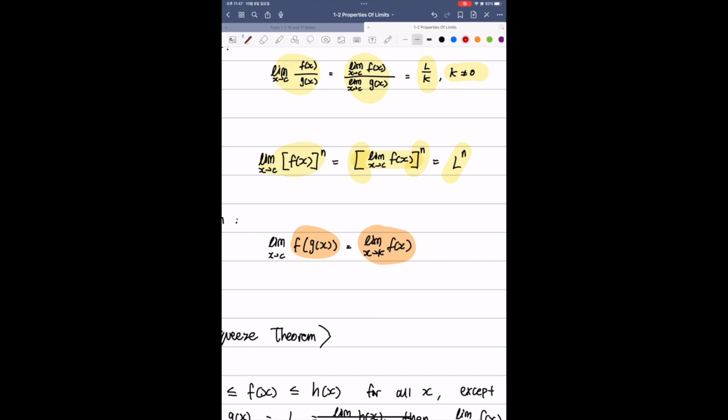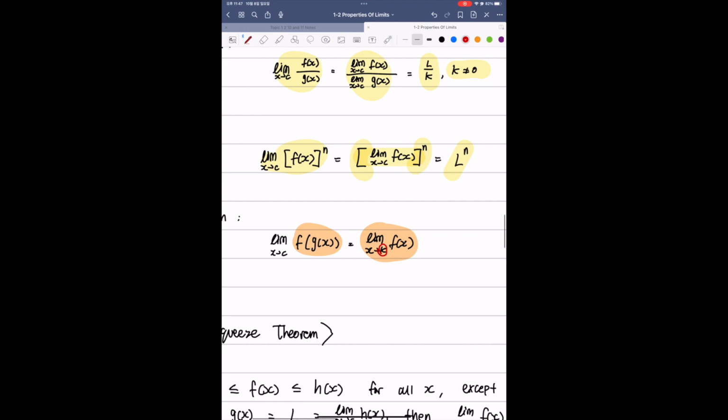This k came out from g(x), which is the limit of the function g(x) equals k. So for any functions like this, you have to change the limit into this.